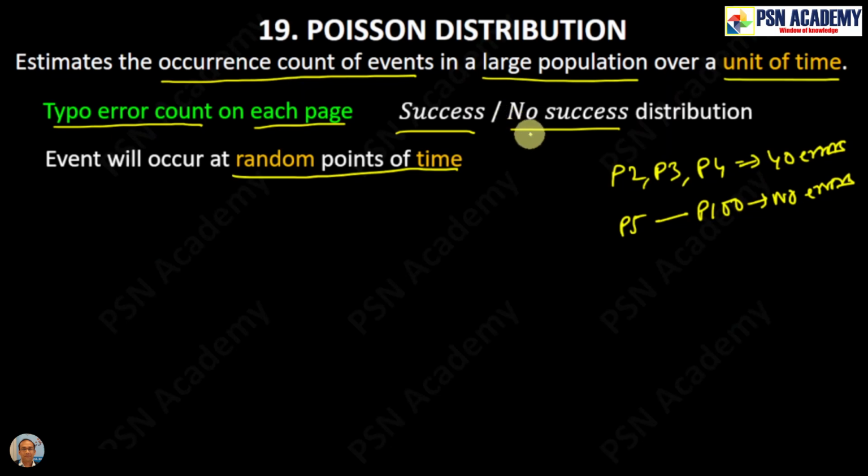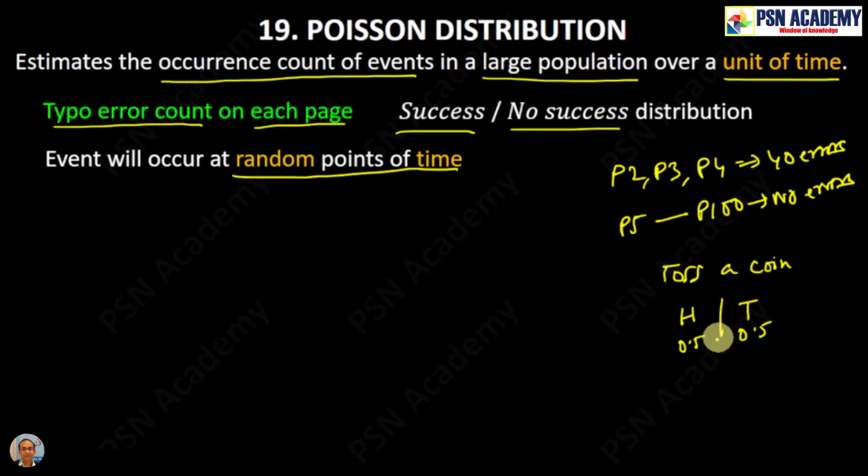You see, in binomial distribution, success and no success are having almost equal importance. But say you toss a coin and you get a head or a tail, right? Now, if the coin is fair, then of course the probability will be 0.5 and 0.5.